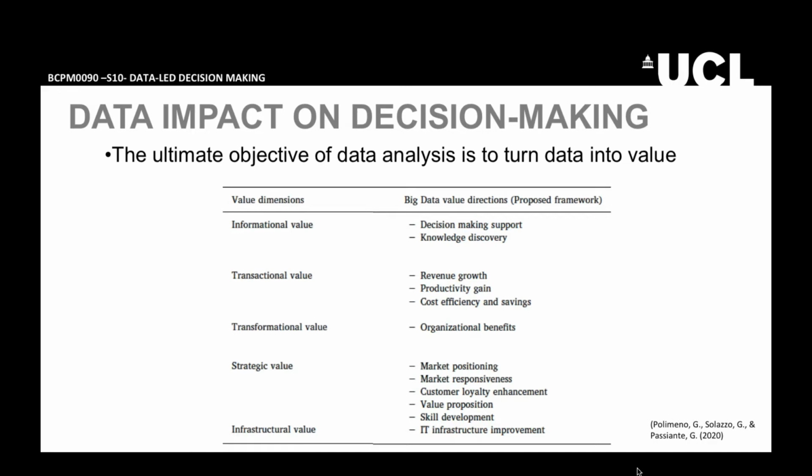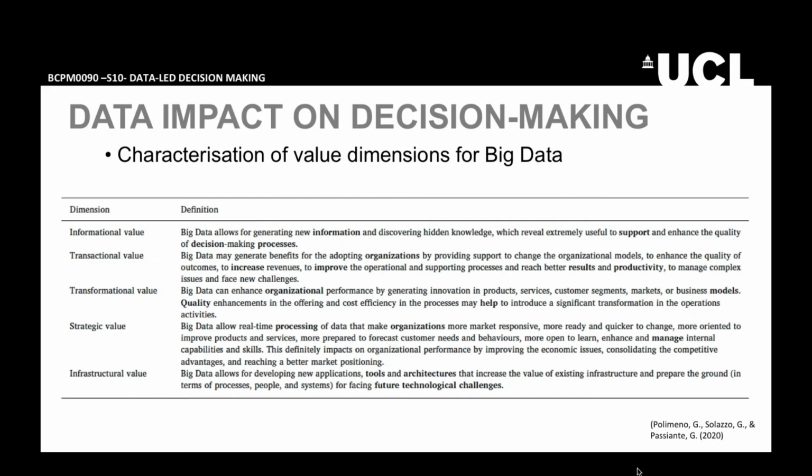Recent studies have identified 5 value dimensions for big data. And for each dimension, we can find different value directions that help us detail how value creation could happen in an organization. So here you have the definition for each of the value dimensions for big data.